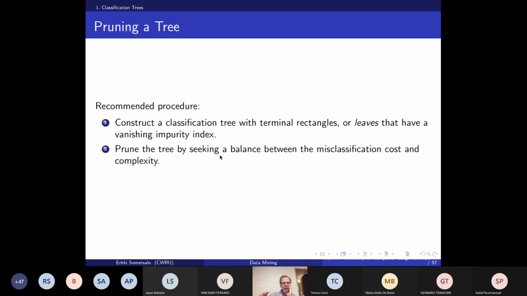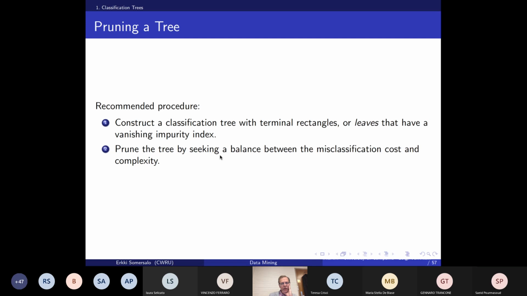So you start cutting branches from your big tree in a way that you are trying to balance between the impurity of the leaves and the classification quality of the tree, while at the same time simplifying the tree as much as possible.